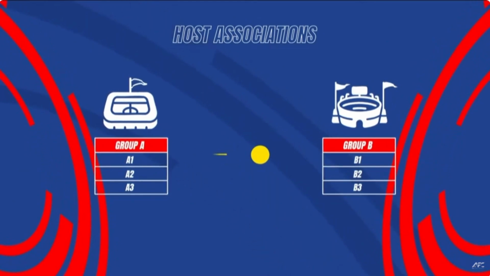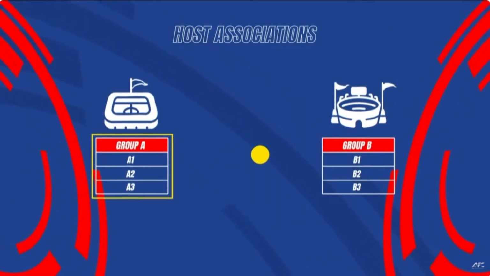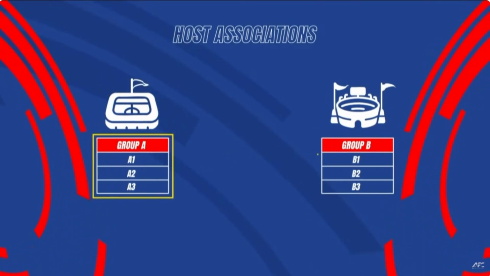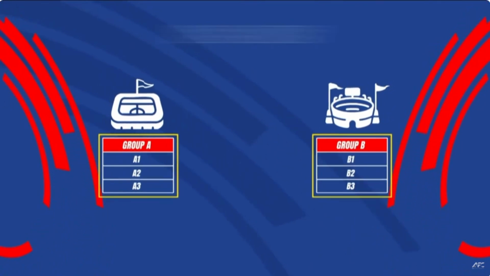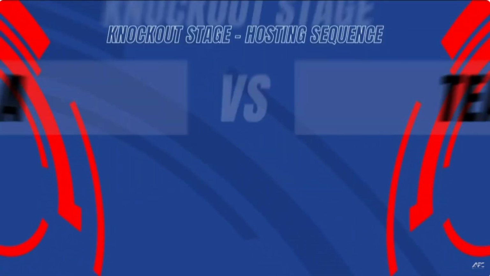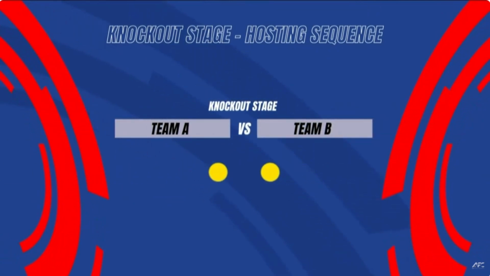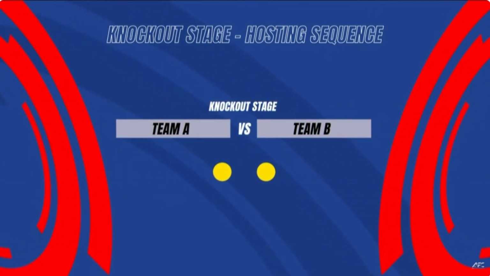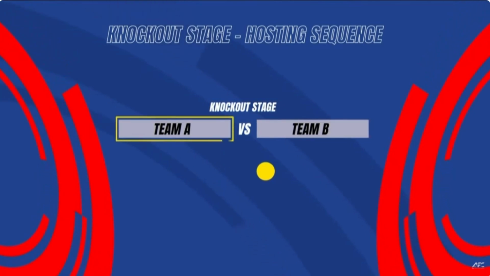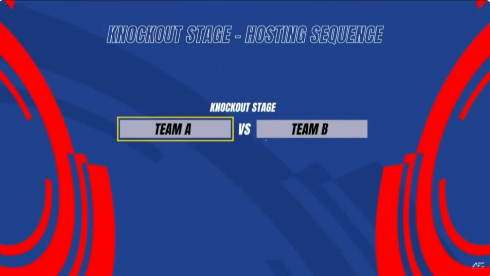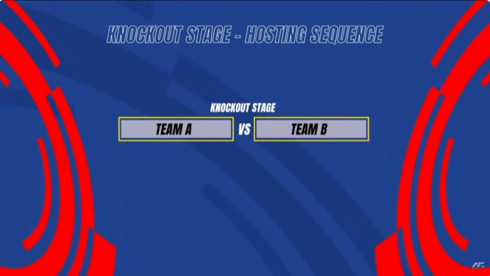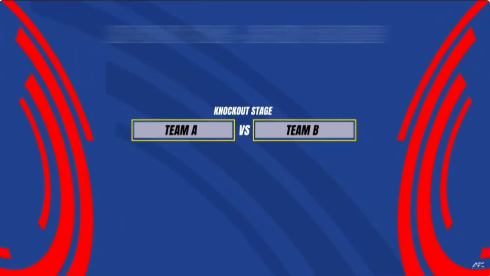If one host association is drawn into Group A, the other host association shall be drawn into Group B. Knockout stage, hosting sequence. The hosting sequence of the knockout stage to be played between the 2 runners-up of each group shall be determined by a draw. The first leg shall be hosted by the participating team drawn first, and the second leg shall be hosted by the participating team drawn next.